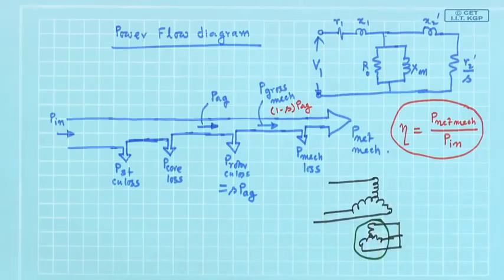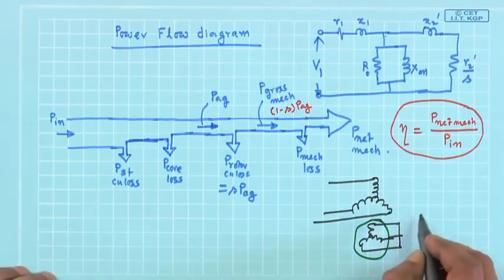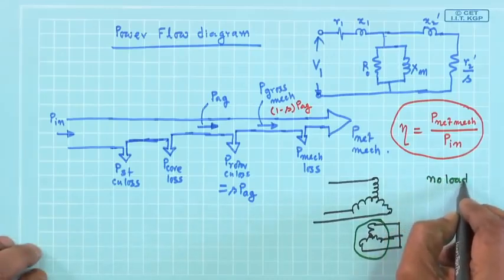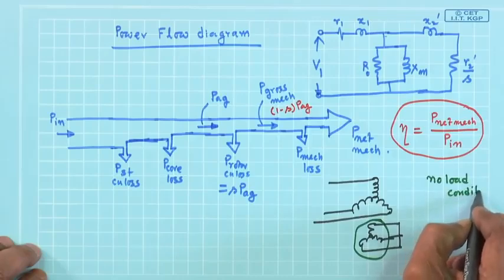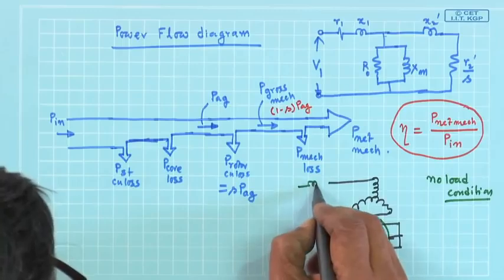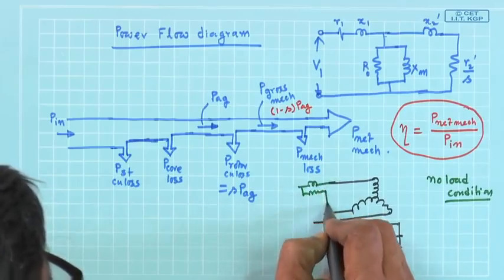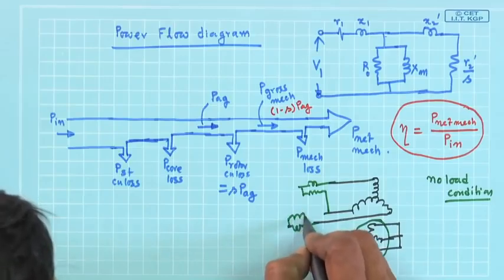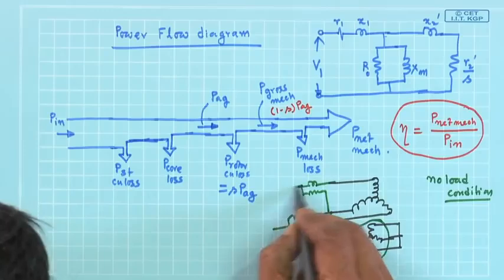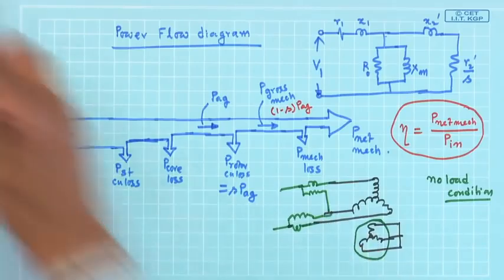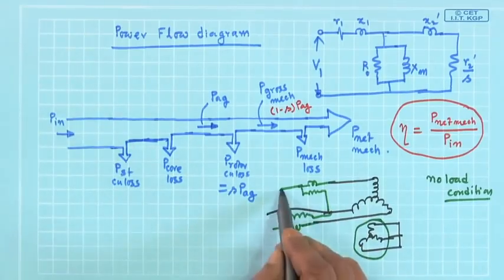First thing is, suppose it is running under no load condition, and suppose you have connected 2 watt meters to record what is the power drawn. Two watt meter method of measuring power. This is the 3-phase side which is excited, 3-phase supply.